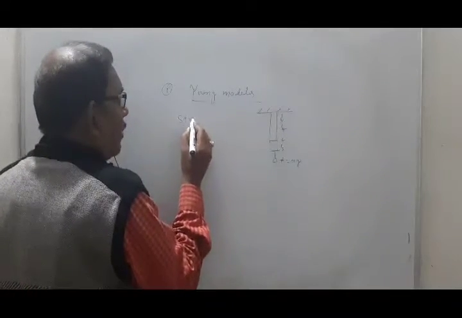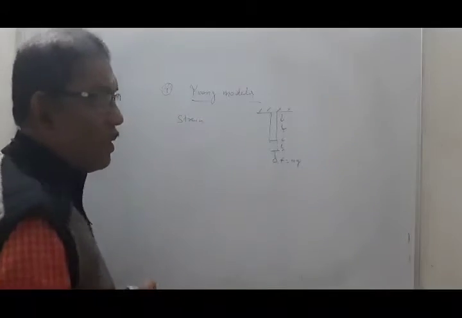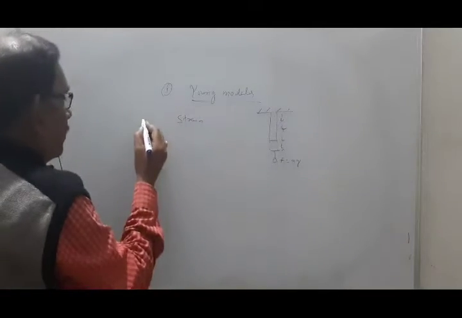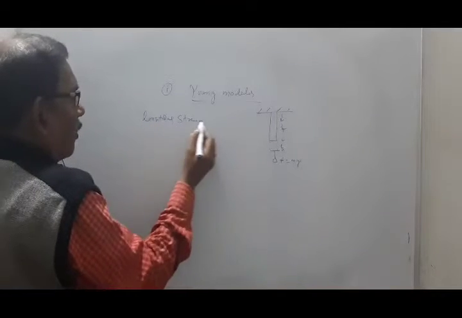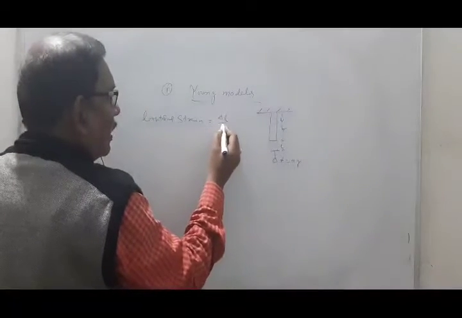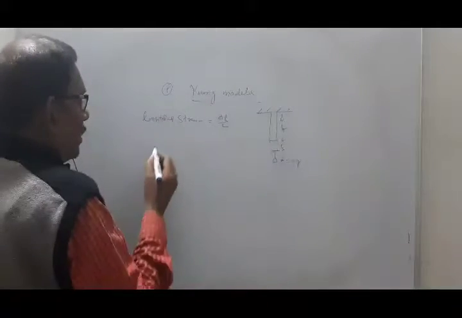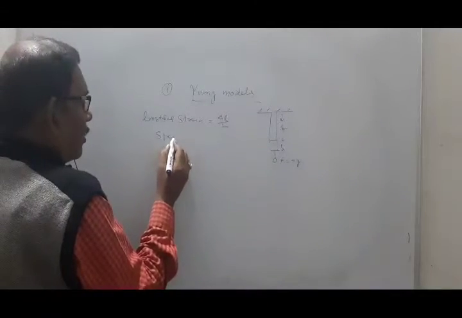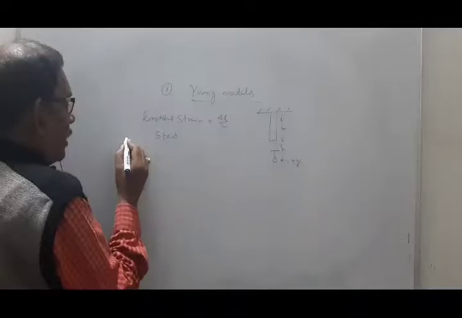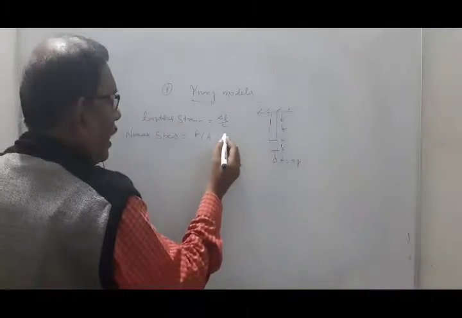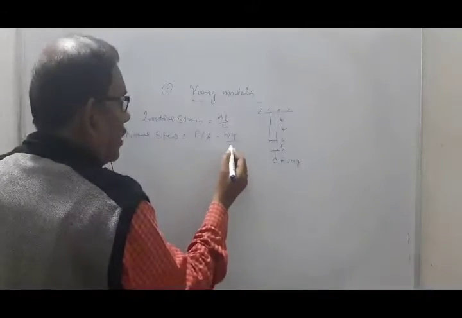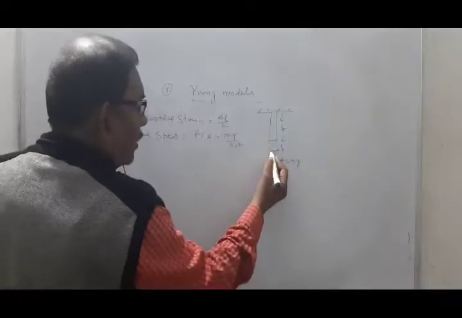The strain developed here is called longitudinal strain, that is change in length by original length. The stress developed here is the normal stress, that is F by A. F is equal to mg, A is equal to pi r square here.